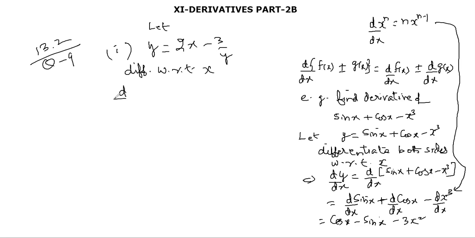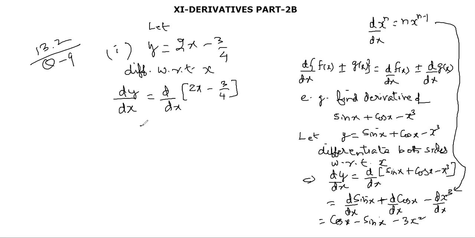So what will happen? d by dx. This is your starting, so you should write properly dy by dx, and first you will write d by dx of the right hand side, 2x minus 3 by 4.